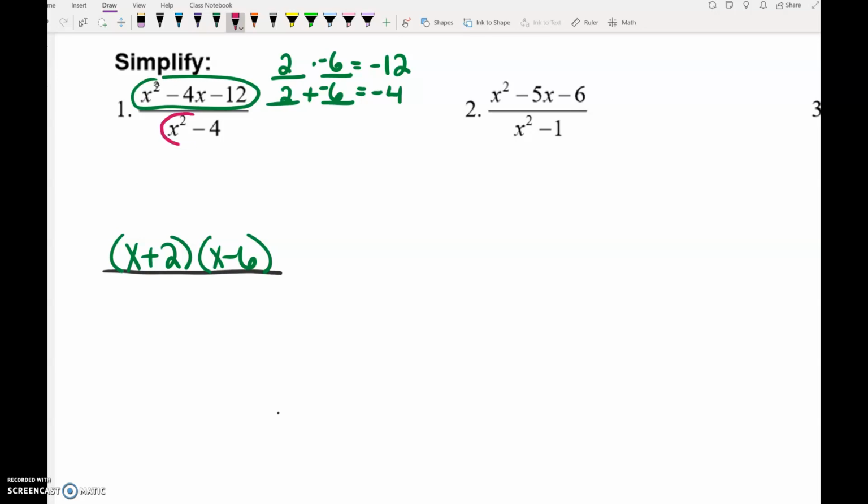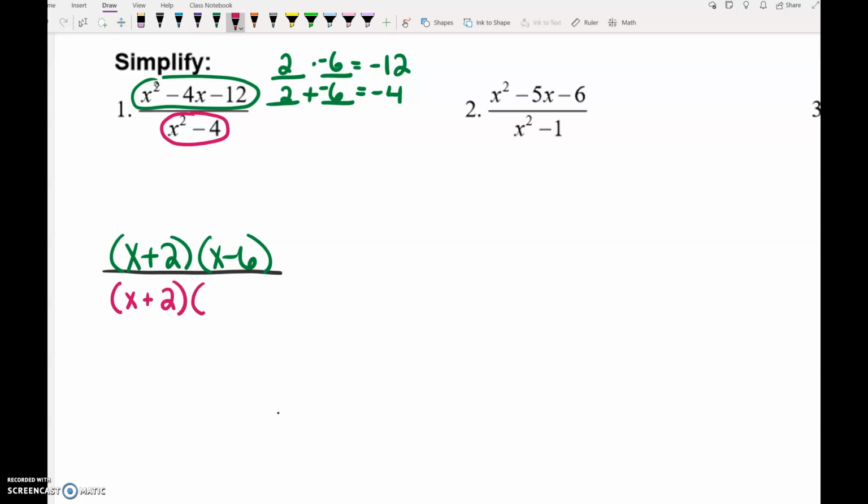On the bottom, we have x squared minus 4. This is only two terms. When you only have two terms, it's either greatest common factor or difference of two squares, or it just can't be factored anymore. It's not greatest common factor because x squared and 4 don't have anything in common, but do you notice that 4 is a perfect square? The square root of x squared is x, the square root of 4 is 2.